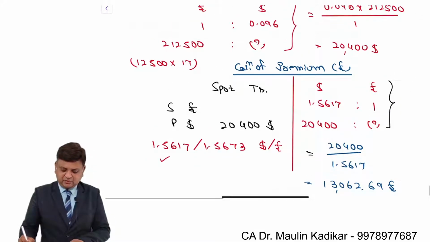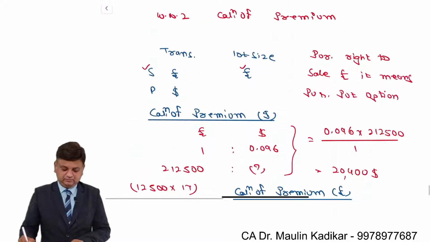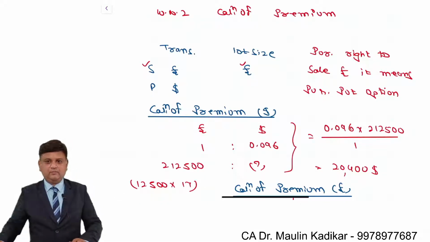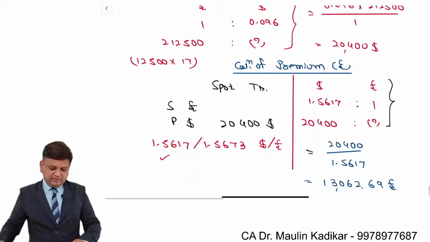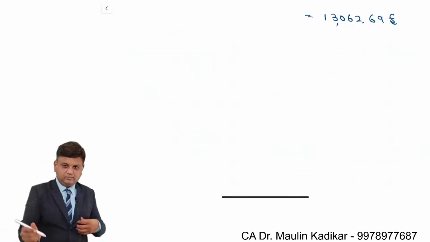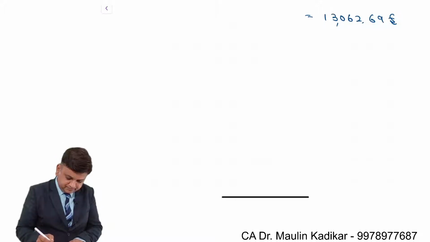That is the way we are required to calculate the answer. Please write down the answer. Please write down the premium amount in the pound currency also. So with paragraph write down.